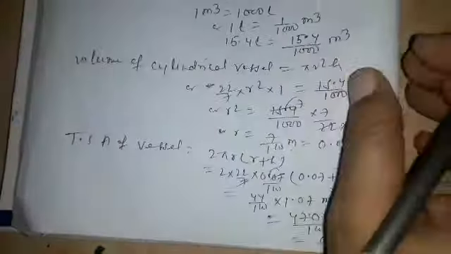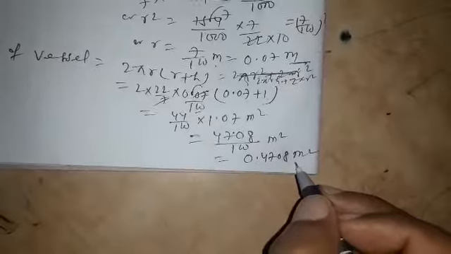So this is 2 into 22 by 7 into 0.07 into 0.07 plus 1, because the radius is 0.07 and the height is 1 meter, and 0.07 plus 1 is 1.07, so it is 44 by 100 into 1.07 meter square, and it is equal to 0.4708 meter square.